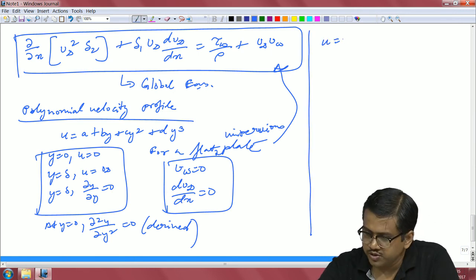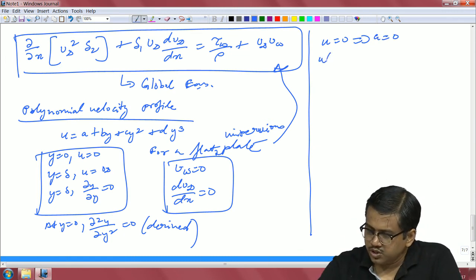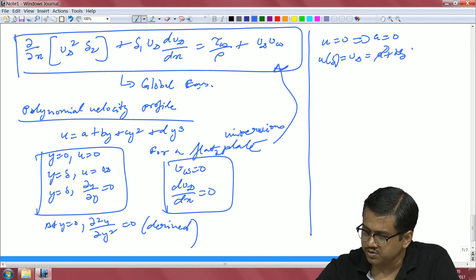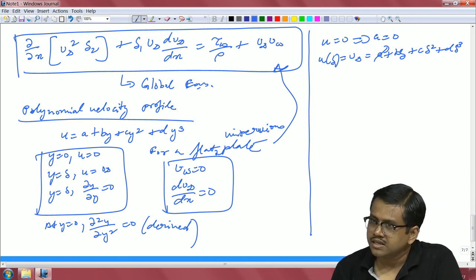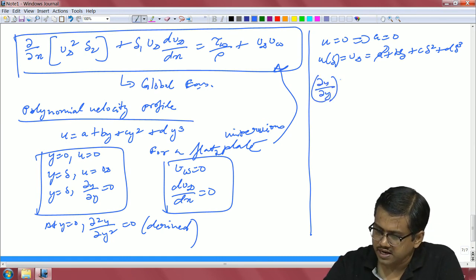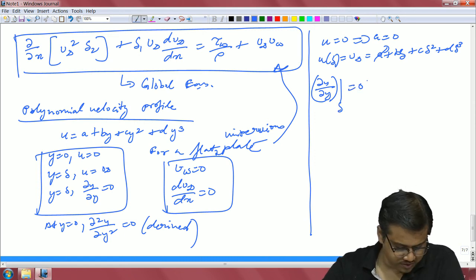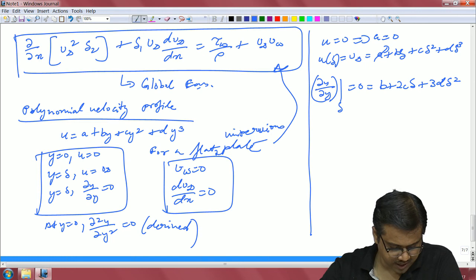From u equal to 0, we get A equal to 0. U at delta equal to u infinity leads to A plus B delta plus C delta square plus D delta cube, that is u infinity, with A being 0. Du by dy at delta is equal to 0, which implies B plus 2C delta plus 3D delta square is equal to 0.